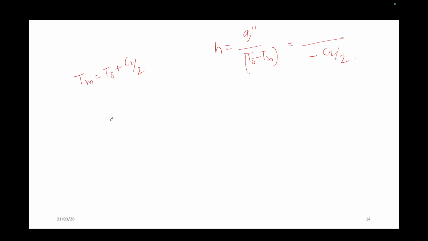Now I need to find the value of Q. What is Q? What is the definition of Q? Fourier law. Good. Minus Ka, it should be R. What should be the value at R equal to 0 because it is at wall?